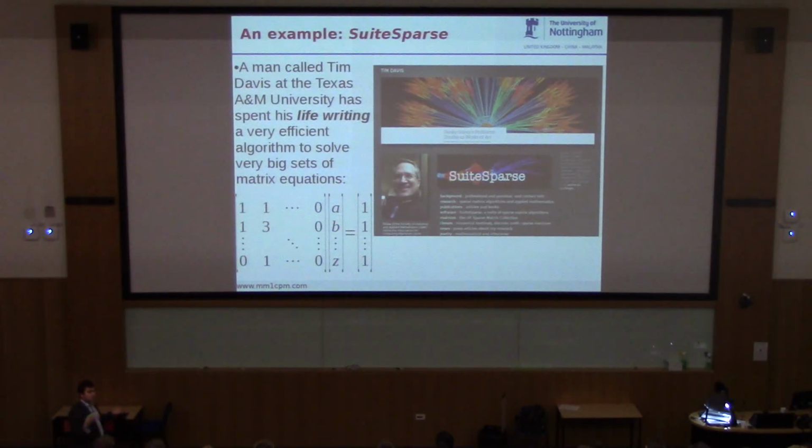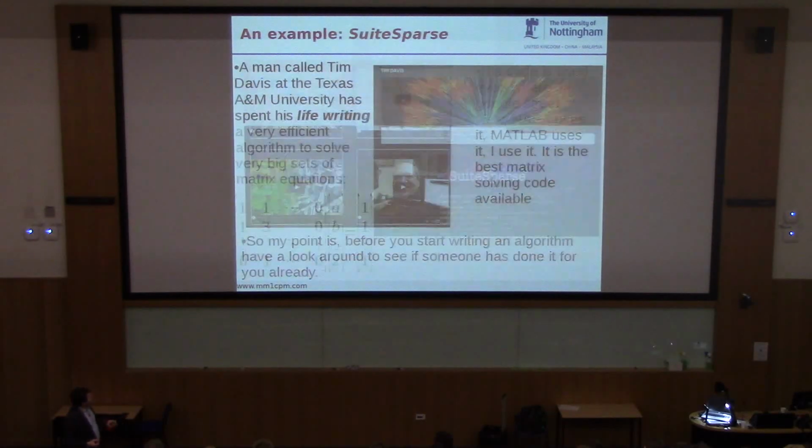This is just a normal algebraic equation that's put in matrix form. And he's literally spent his whole life writing a piece of code called SuiteSparse that just solves it, inverts this matrix and solves it. And his code is super efficient, it's super fast. Now you might think, well, that's a really small matrix, so I can do that by hand. His code can do matrices like that with millions of elements within seconds. It's super efficient. So that's all he does.